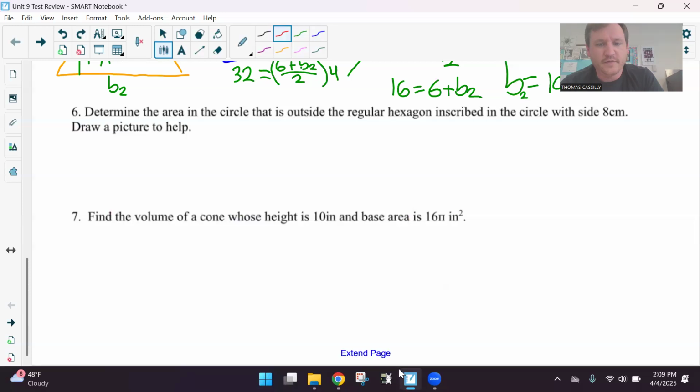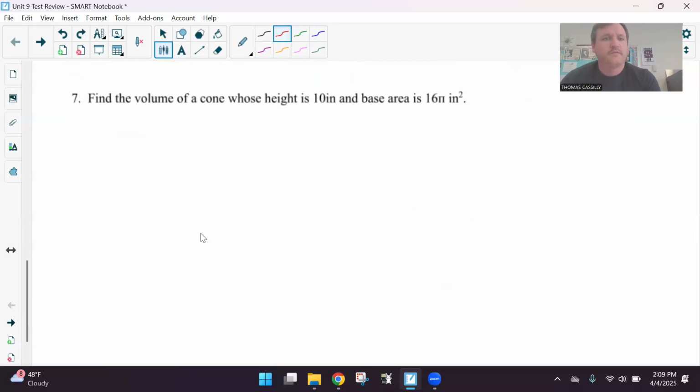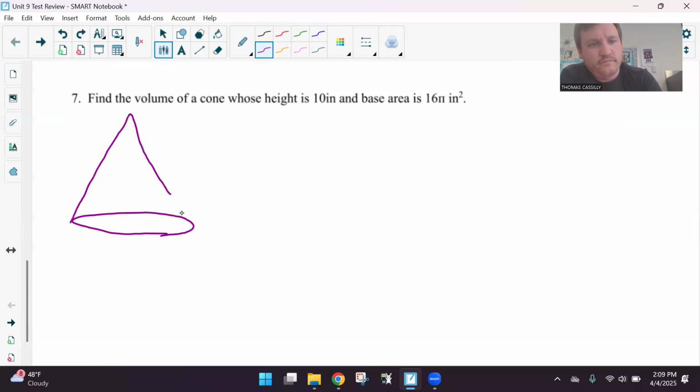All right, now the last one. Find the volume of a cone whose height is 10 and base area is 16 pi. So we need a cone. This guy right here is 10, and we know the area of the base is equal to 16 pi.